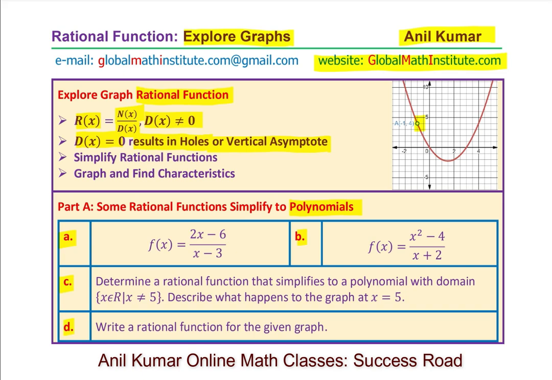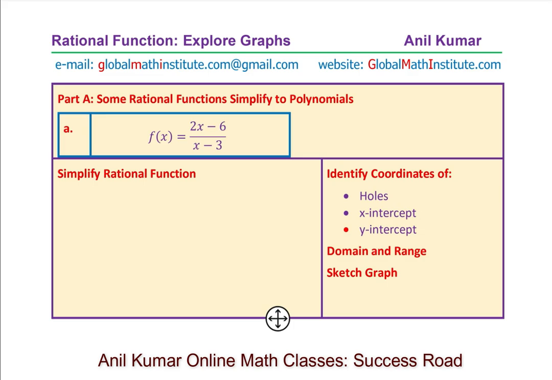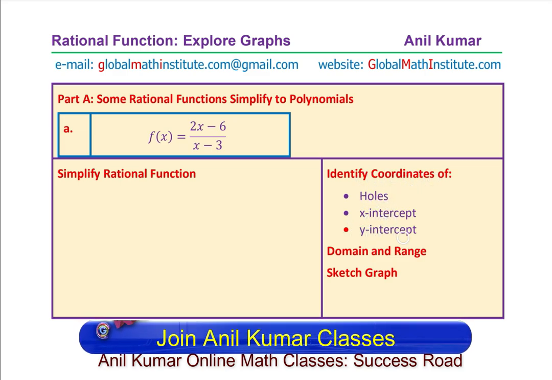Here is our question number 1. We are given a function f of x equals 2x minus 6 divided by x minus 3. We'll identify the coordinates for holes, x-intercept, y-intercept, domain, range, and sketch this function to really understand it.